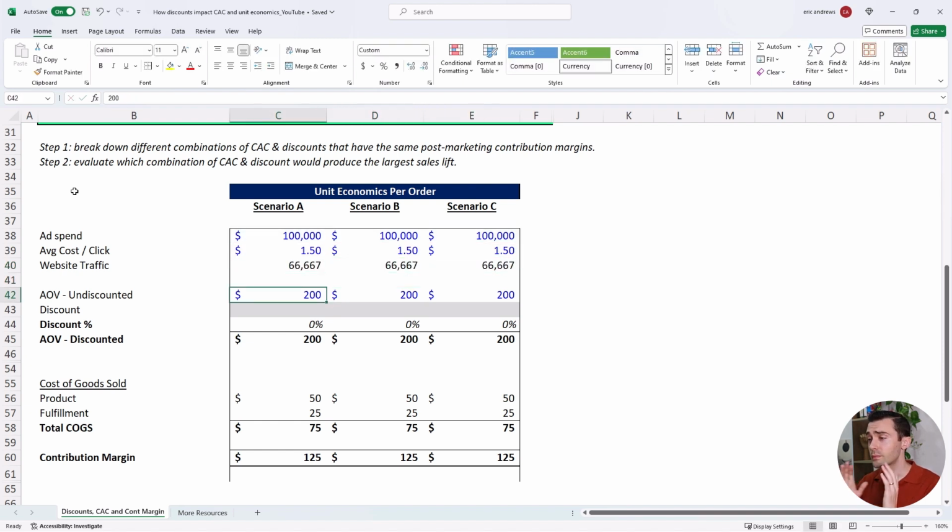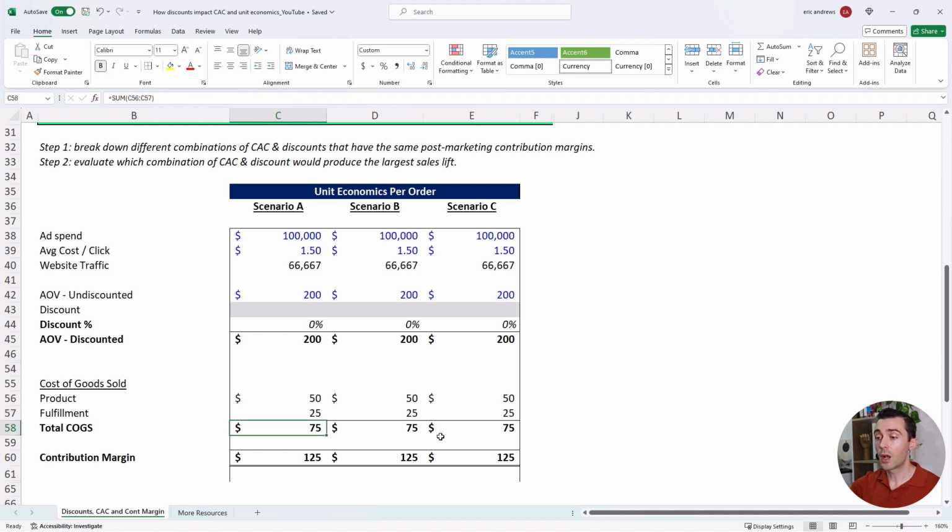Now, the next thing is that our undiscounted price point for our product is $200. So $200, $200, $200. Our COGS per customer are $50 to basically manufacture our product and get it to the fulfillment center, and $25 to fulfill the product to the customer's front door.